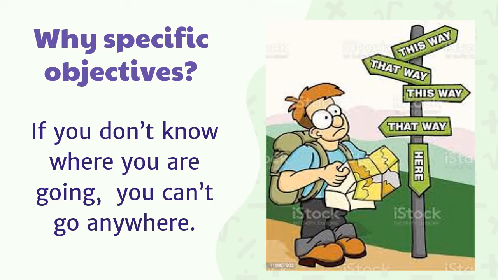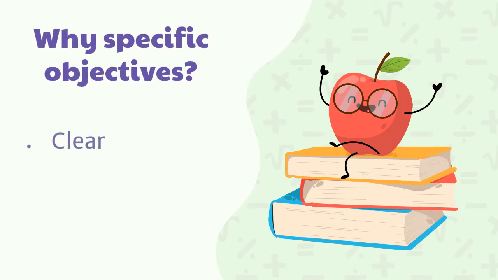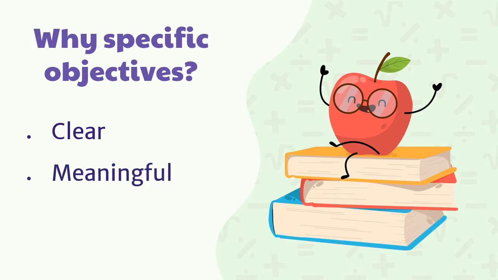Yes, because if you don't know where you are going, you can't go anywhere. And these specific objectives should be clear and meaningful. It seems simple enough, but that is a lot of information to pack into a single sentence or two.